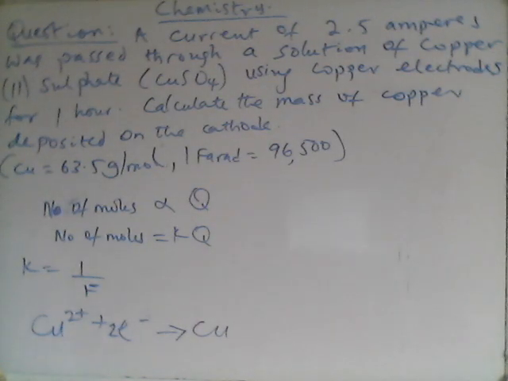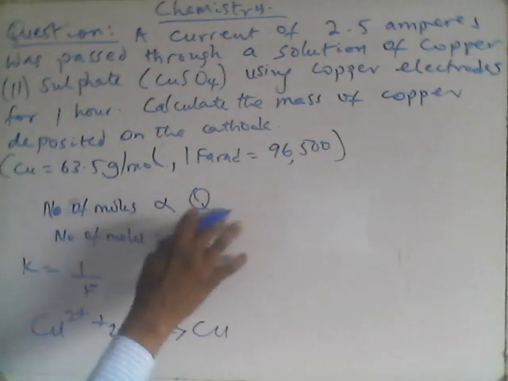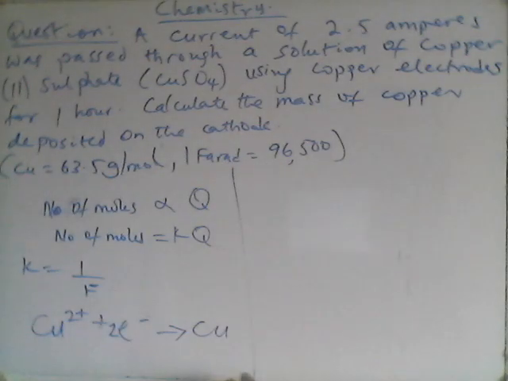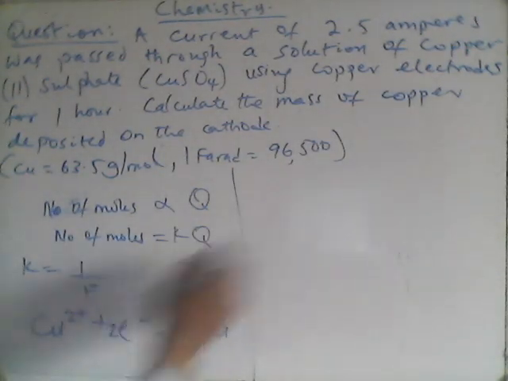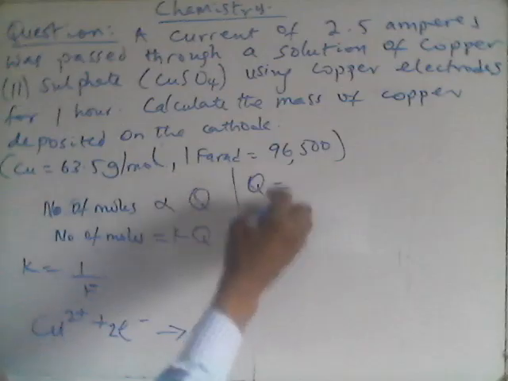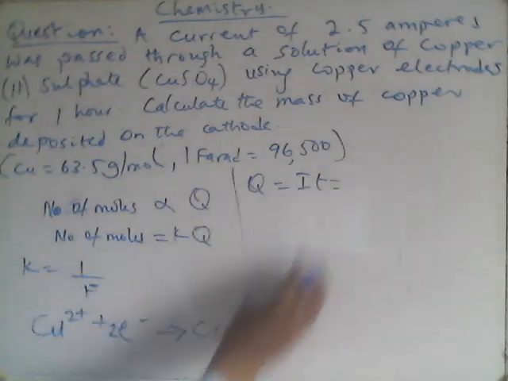Okay, so what we will do is to first plug in the electrical values. We know that Q is the quantity of electricity. So Q is I times t.